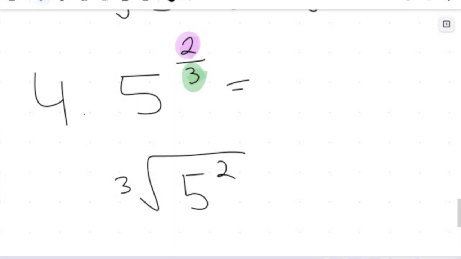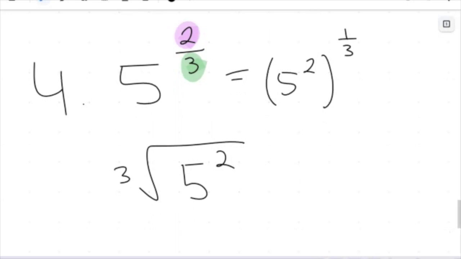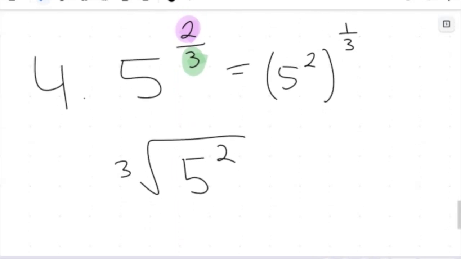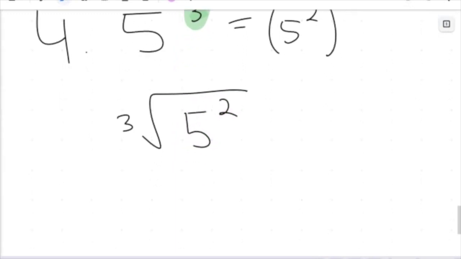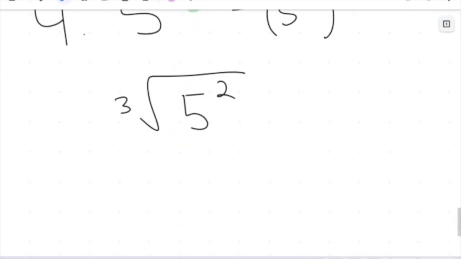Now, if we wanted to do this the long way as well, this is like saying, for example, 5 squared to the power of 1 over 3. This means the exact same thing. My power here, 1 over 3, means that I'm taking a cubed root, and my 5 squared down the bottom is the number I'm cubed rooting. So we get this thing here.